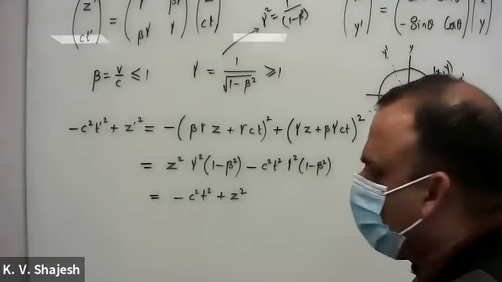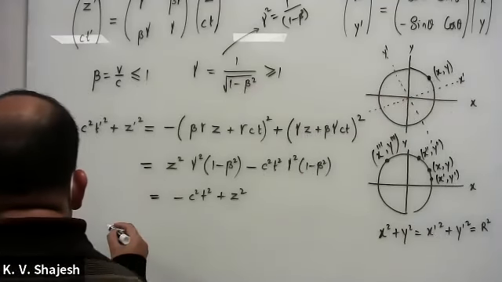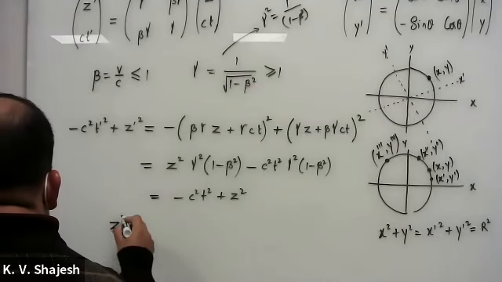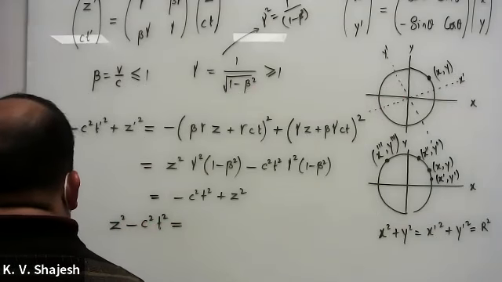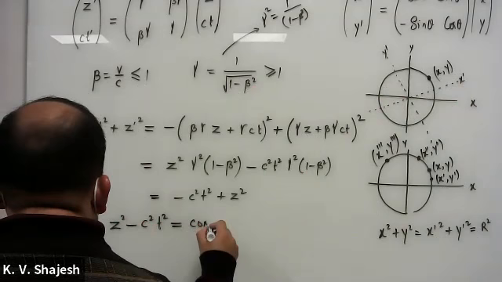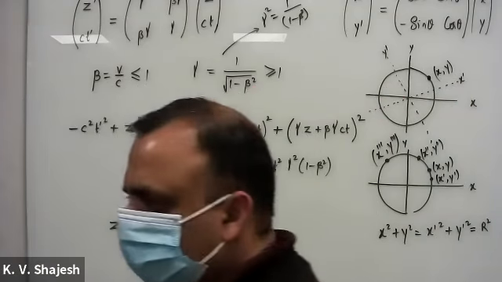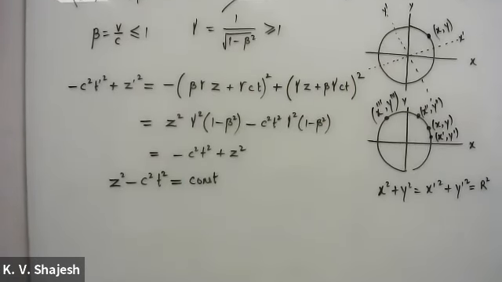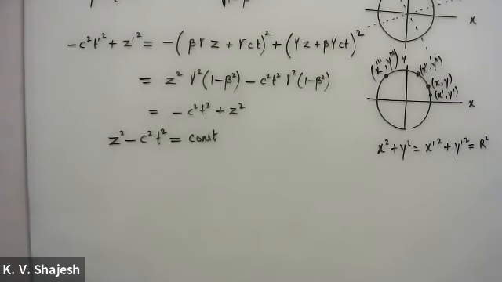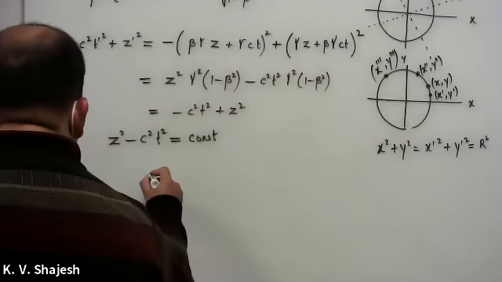Here in Lorentz transformation, it seems like we have z squared minus c squared t squared remains a constant. What is that curve? That's not a circle. If you look it up, or if you're familiar with it, that's a hyperbola.